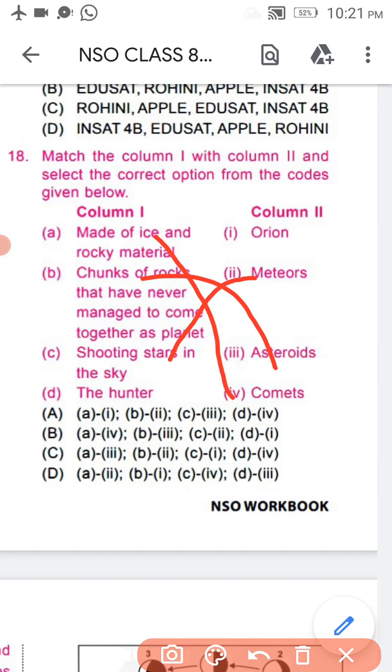The hunter, that is the Orion. So you can see A is matching with 4, B is 3, C is 2, D is 1. That is option number B, the correct option.